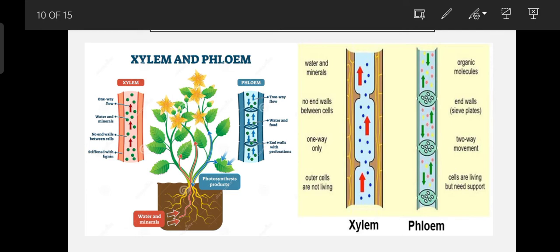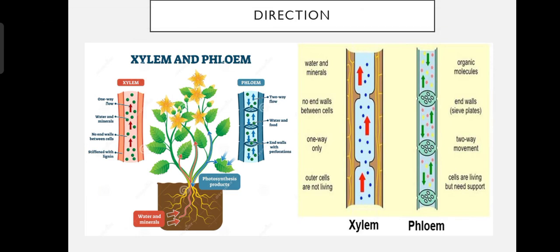Next is direction. You can see in this picture of xylem and phloem. In xylem, it is written one way only, means water and minerals.